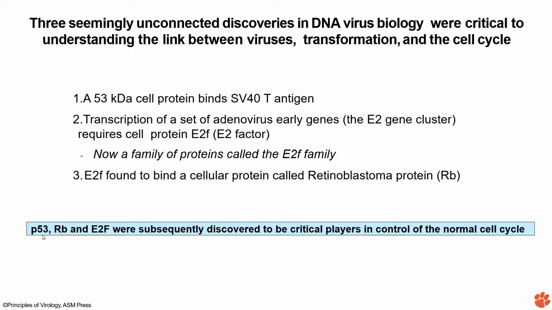And we are going to see how the E2F, on the other hand, basically controls the RB or the retinoblastoma that we already talked about. And basically, P53, RB, and E2F were subsequently discovered to be critical players in the control of the cell cycle. And it was all discovered through virology.